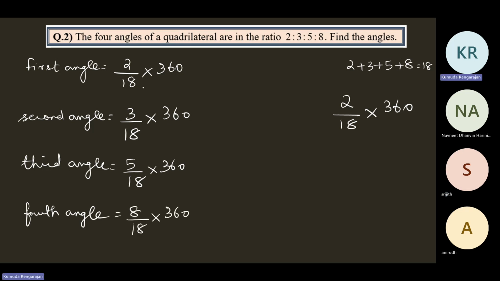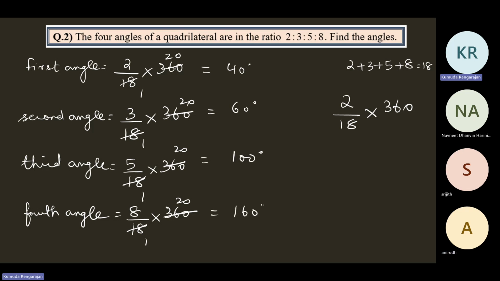Now let's simplify. 18 ones are 18, 20 times everywhere. So now 20 into 2, 40 degrees. 20 into 3, 60 degrees. 20 into 5, 100 degrees. 20 into 8, 160 degrees. So these are the measures of the 4 angles of the quadrilateral.